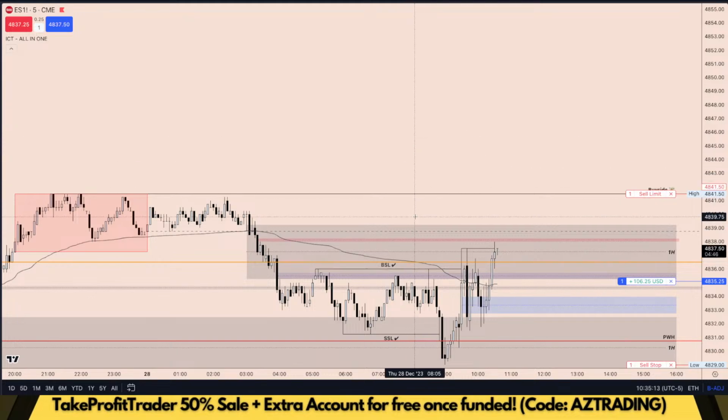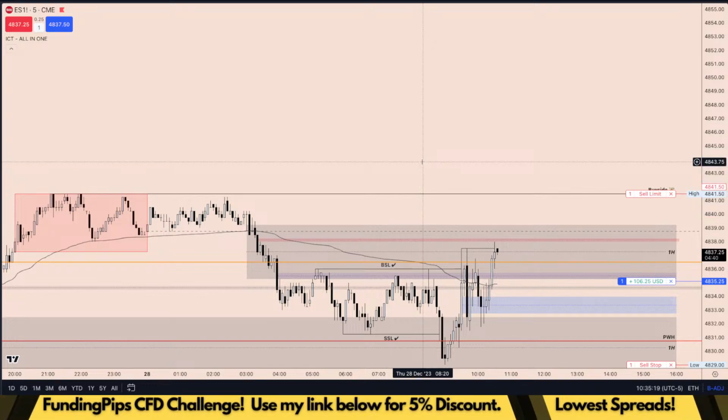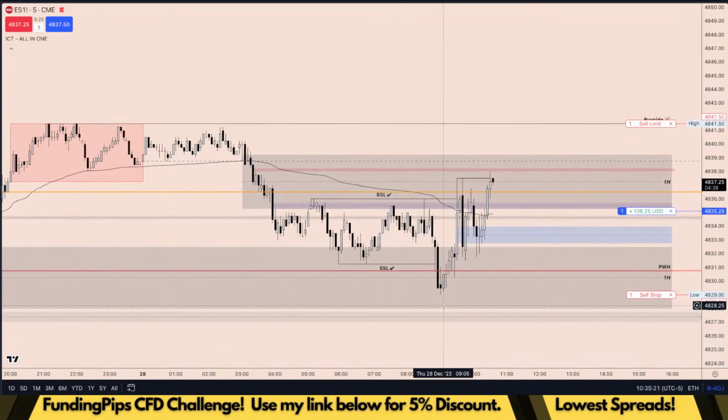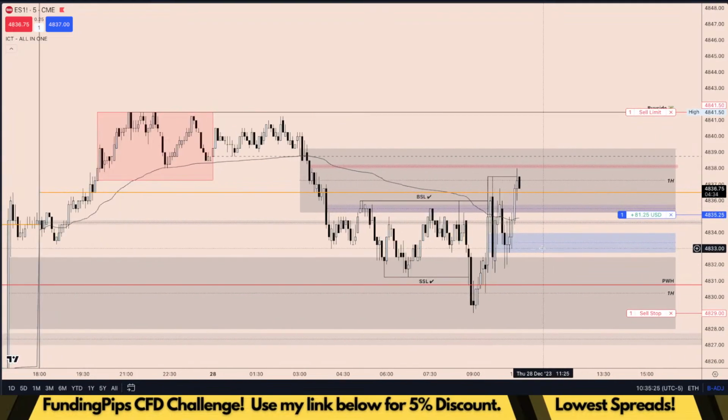At least that's what I like to call it. Where is money at? Where can money be made? Where did we accumulate? Are we at the low of the day or the high of the day? Looking at the higher time frame, using fair value gaps, inversion fair value gaps, and specific key levels such as previous week's high, previous day's high, midnight open to frame my narrative.